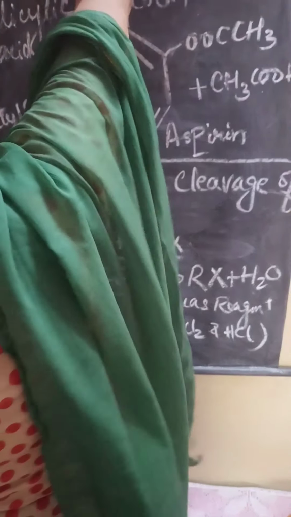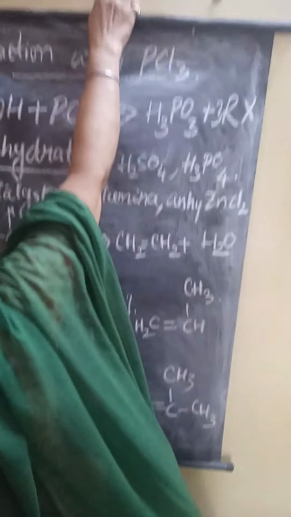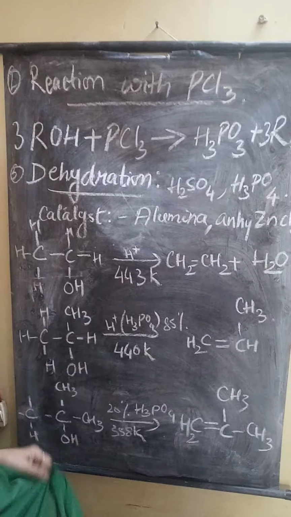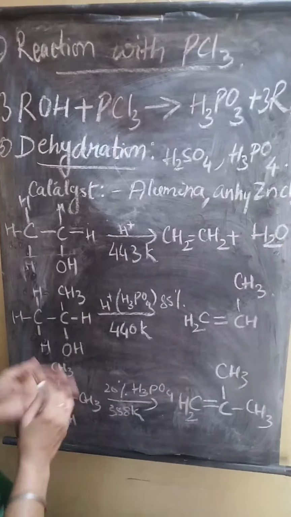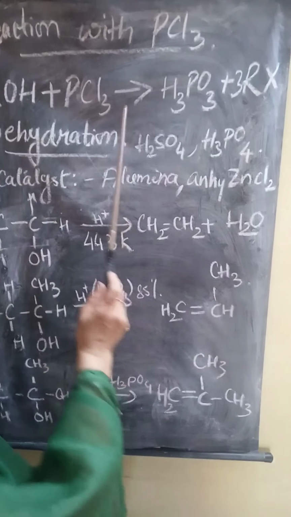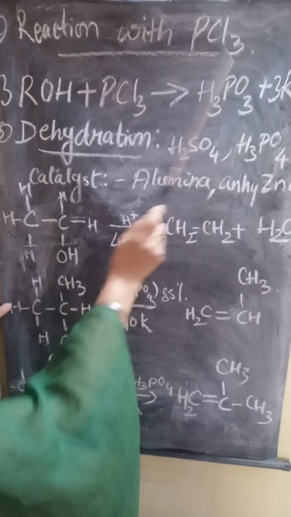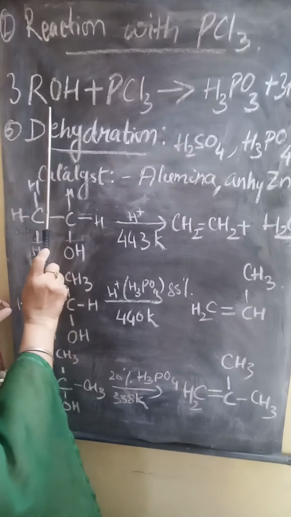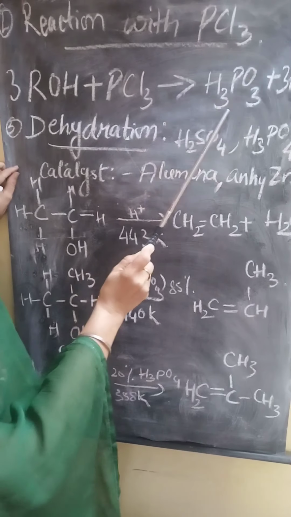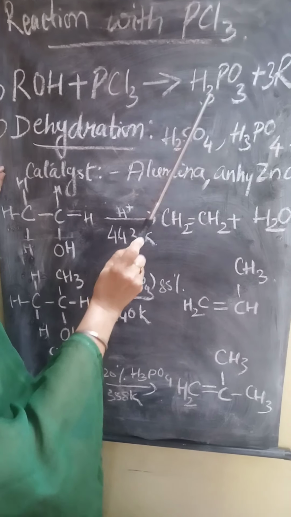Now the next reaction we have to see, for the same cleavage of the carbon-oxygen bond, is the reaction with phosphorus trichloride. Phosphorus trichloride, when it reacts with alcohol, forms phosphorous acid, H3PO3.